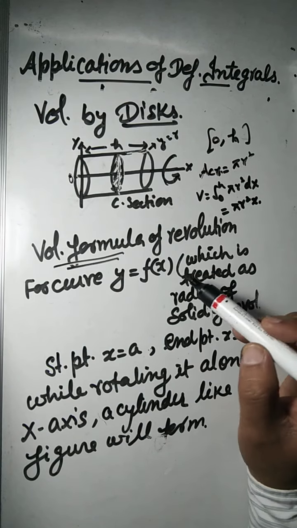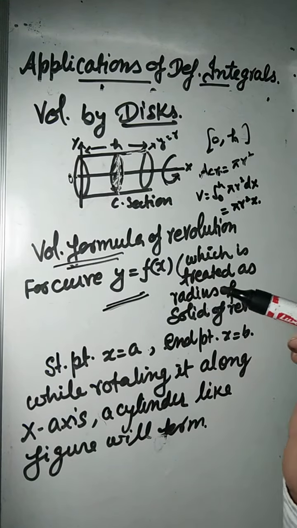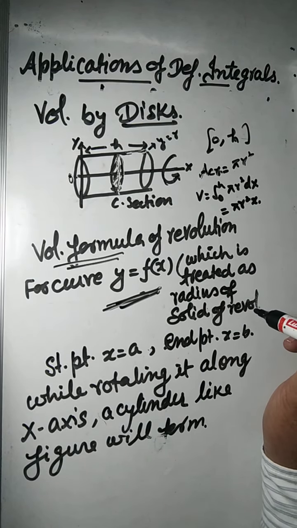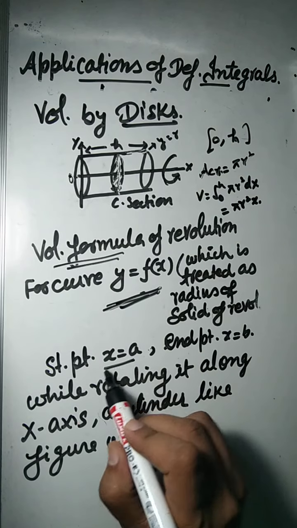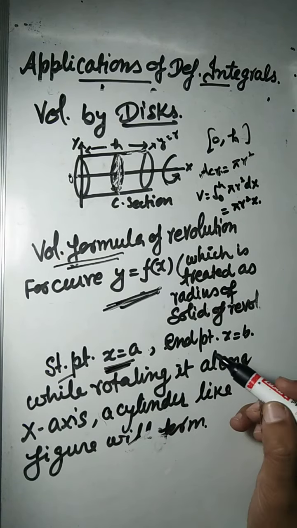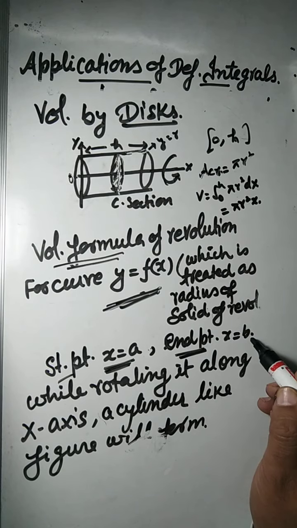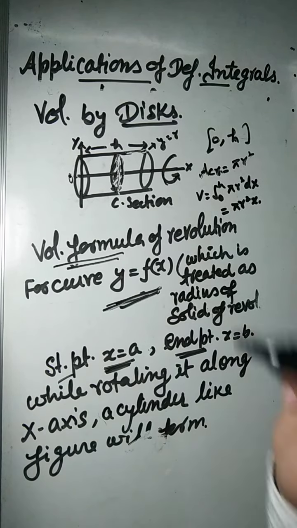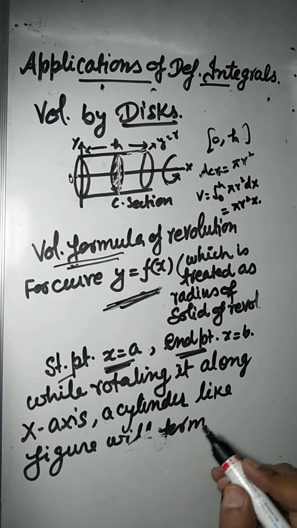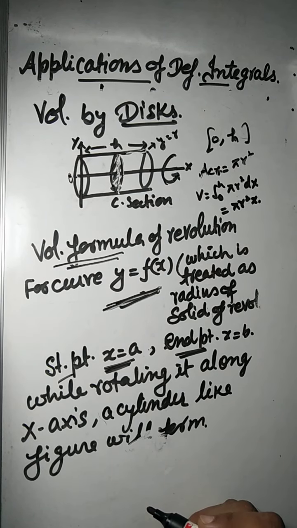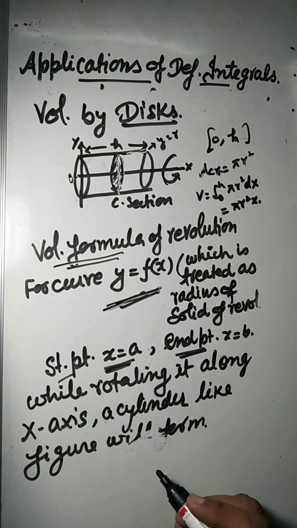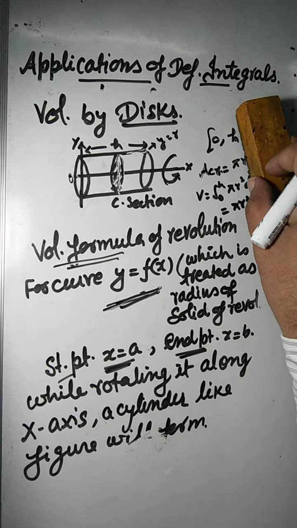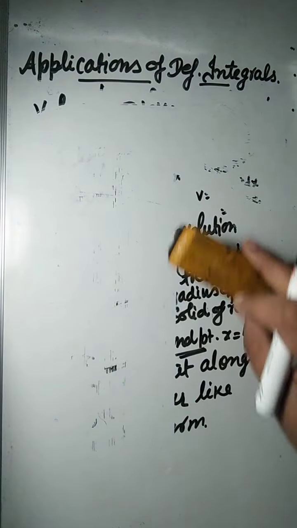Let us take any curve y equals f(x), which is treated as the radius of this solid of revolution. Let us take the starting point at x equals a, and the end point at x equals b. While rotating it along the x-axis, a cylinder-like figure will form. We can draw a figure here.